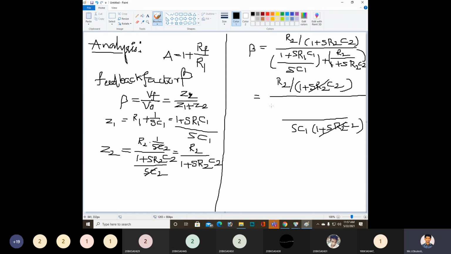Here we are getting 1 plus SR1 C1 into 1 plus SR2 C2, plus R2 into SC1.